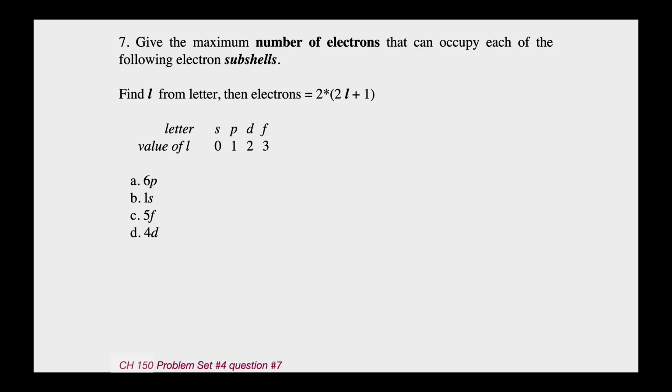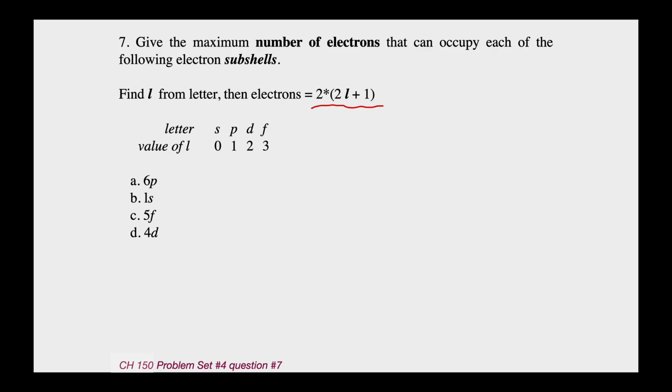Now, the letters do relate to the value of L. We're going to talk about this more in the 200 level. But if you're curious where these things come from, SPDF comes from L values of 0, 1, 2, and 3. If you want to find the number of electrons and this is more the way you like to roll, this equation right here, 2 times (2L plus 1), will tell it.